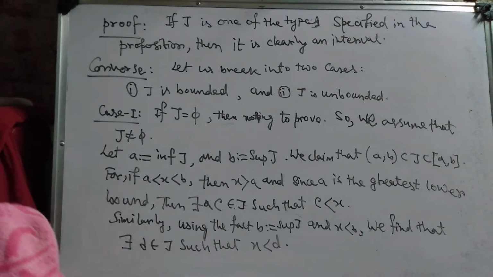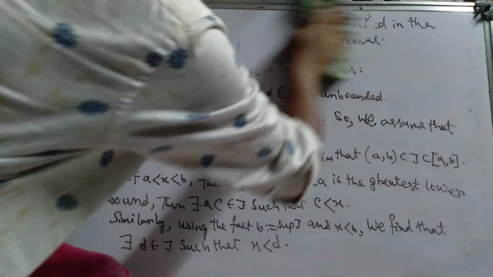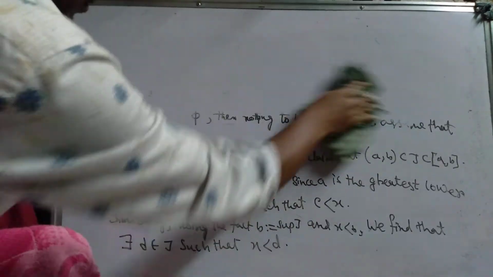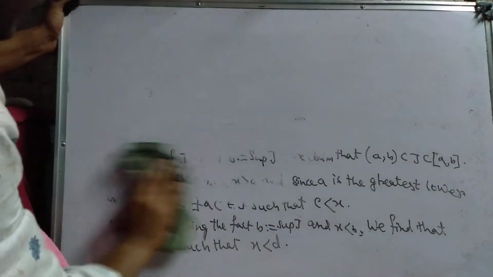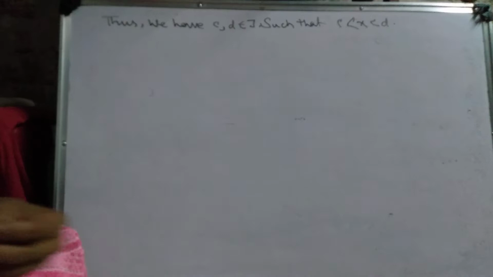Thus we have c, d belonging to J such that c is less than x less than d.